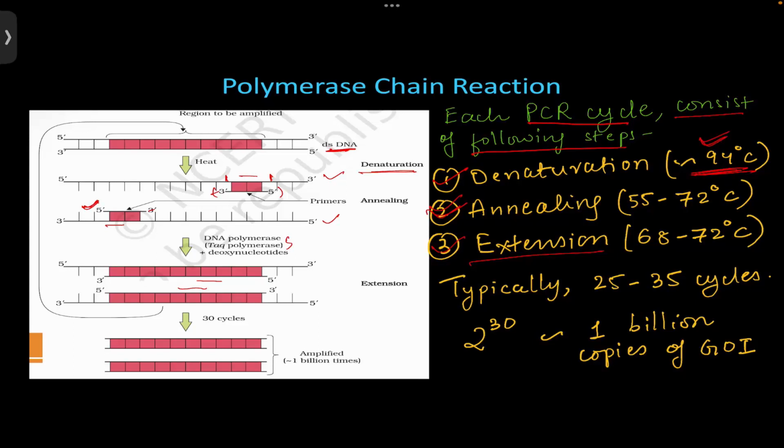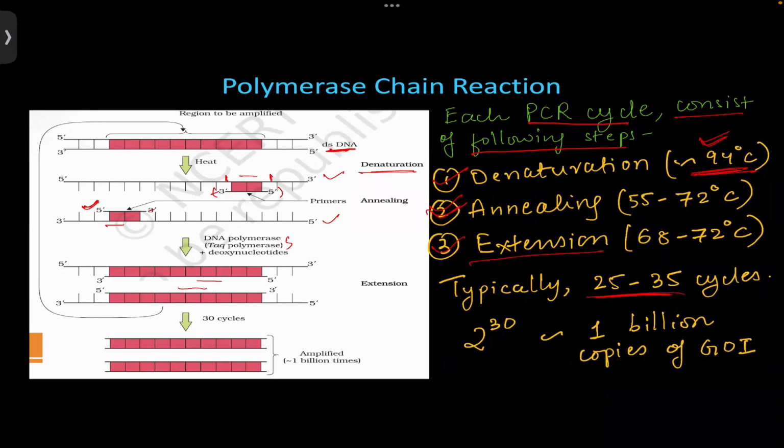In the next PCR cycle, what will happen? From two, four molecules will be made. Then from four, eight molecules will be made. In this way, exponentially, the number of molecules is increasing. So typically, people run PCR for 25 to 35 cycles.